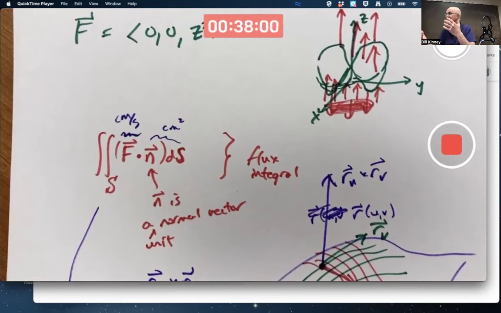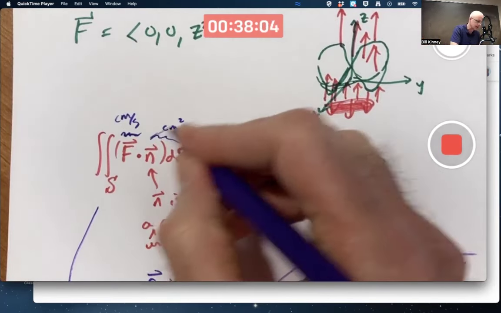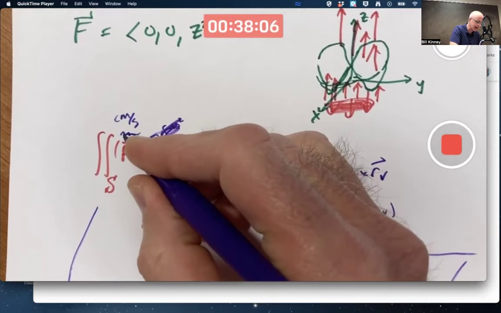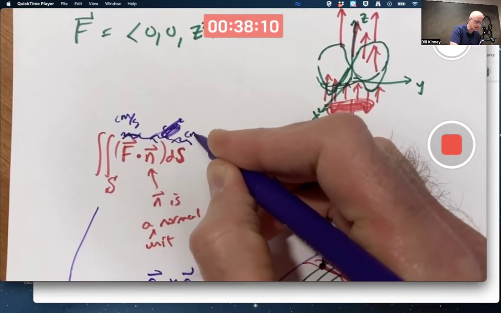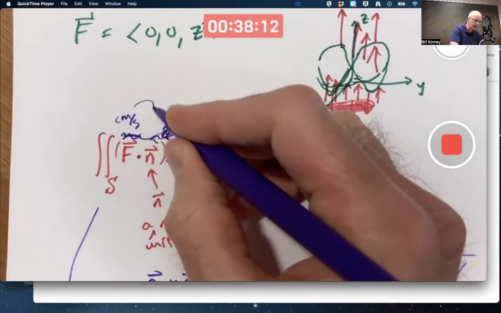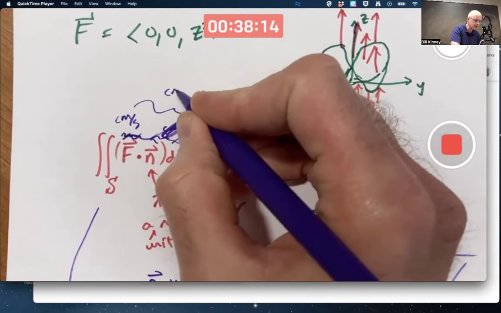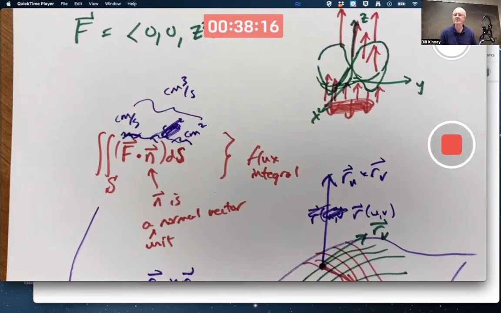The ds itself is in square centimeters. F dot n is in centimeters per second. The ds is in square centimeters, giving you a product, so to speak, that's in cubic centimeters per second if F is a velocity vector field in centimeters per second.